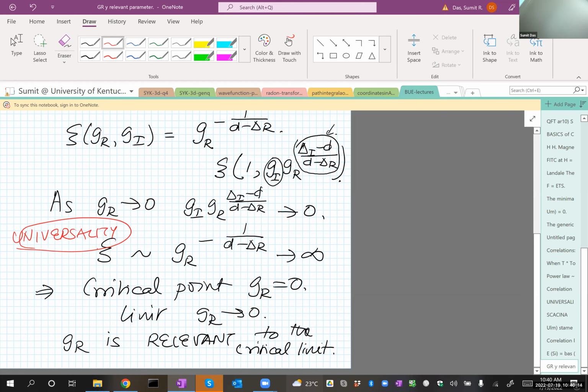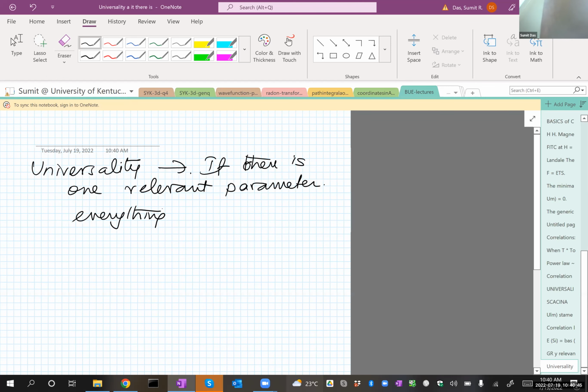Because of universality, one of the effects of universality is that if there is one relevant parameter, everything depends on one scale.